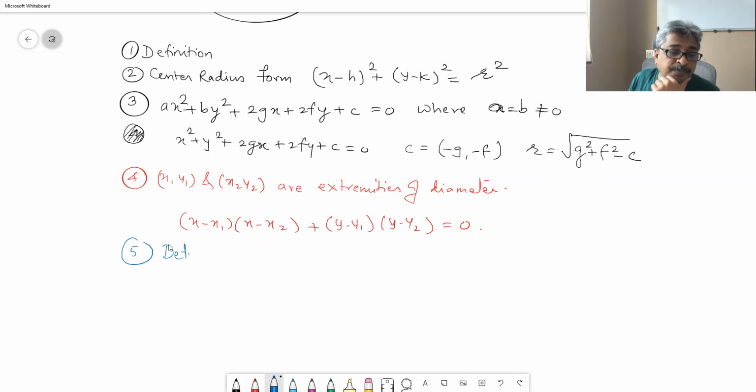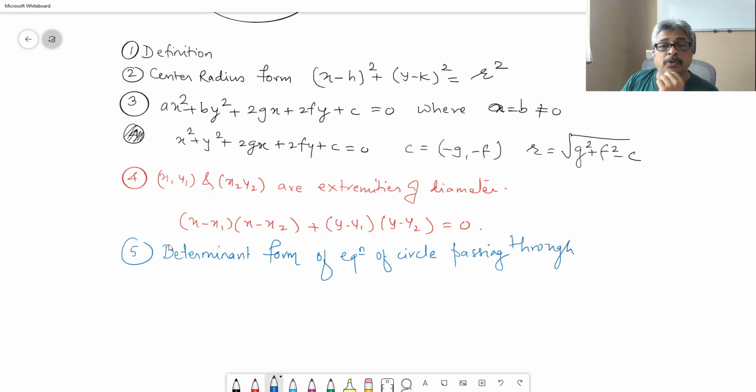Determinant form of equation of circle passing through A1 (x1, y1), A2 (x2, y2), A3 (x3, y3).